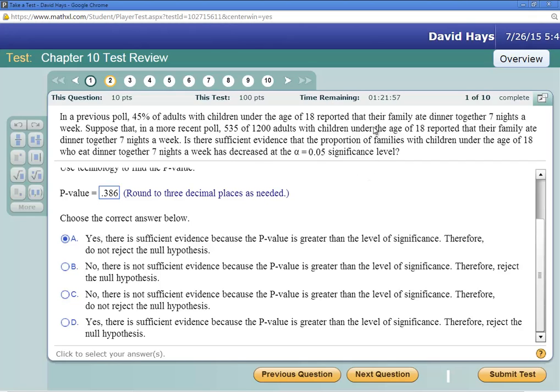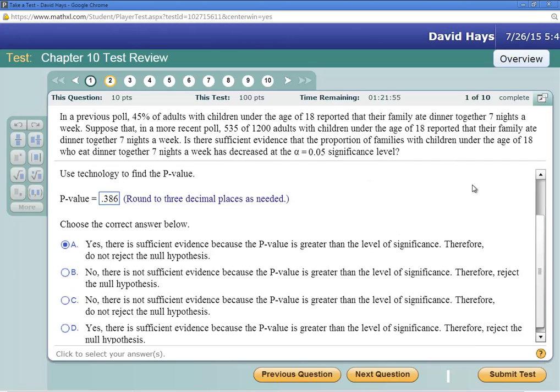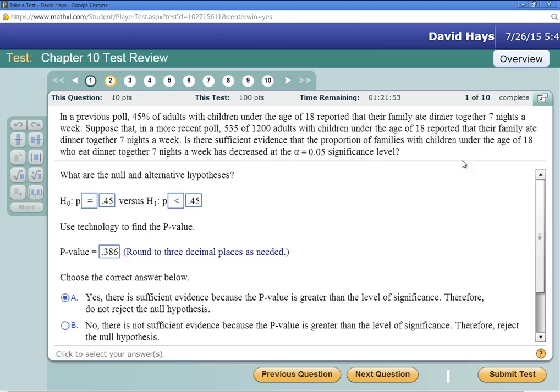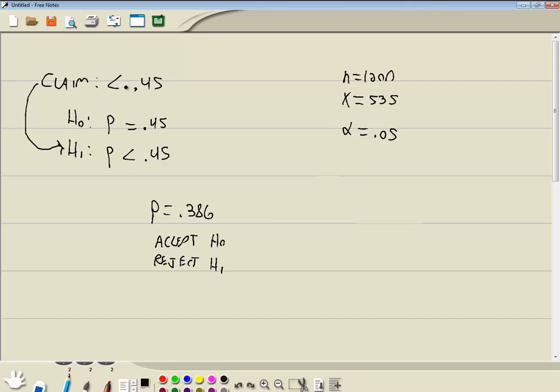What in the world are they asking? Okay. Is there sufficient evidence that the proportion has decreased? Decrease is the claim, which matches H1, and we said we're going to reject H1.